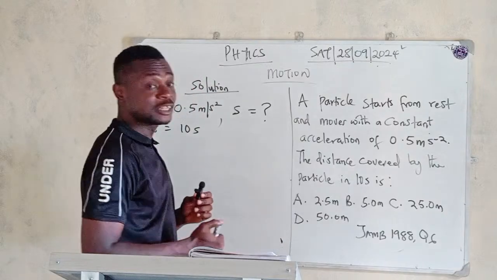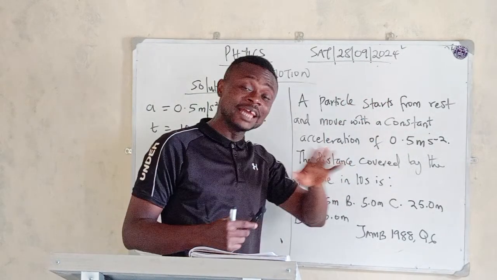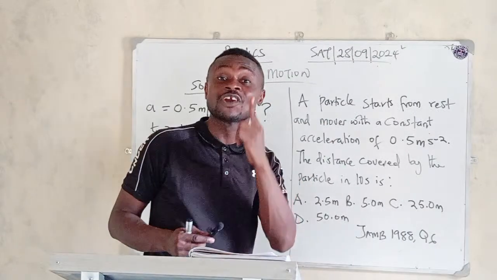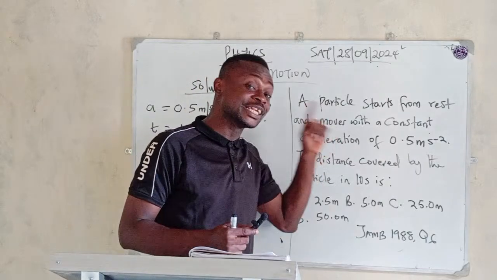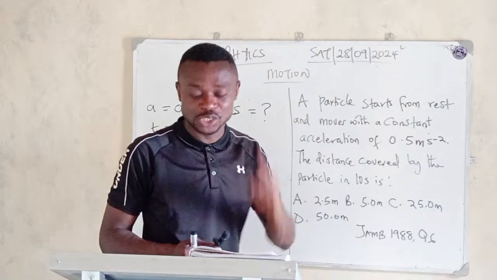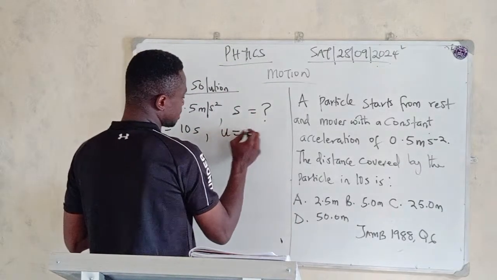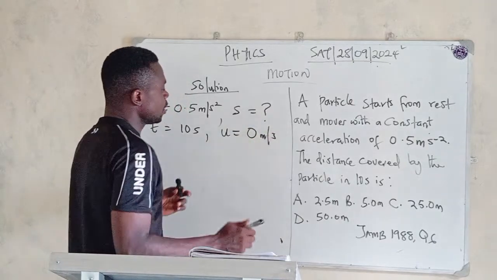We are told that it started from rest. So at rest, the initial velocity is 0, even though they did not mention initial velocity. So u is 0 meter per second.